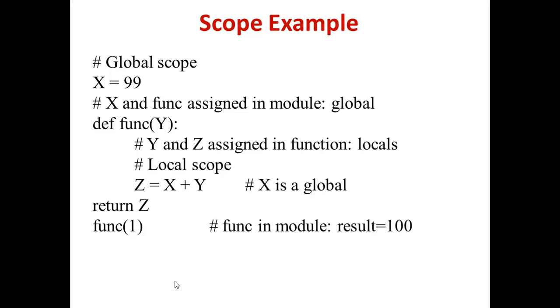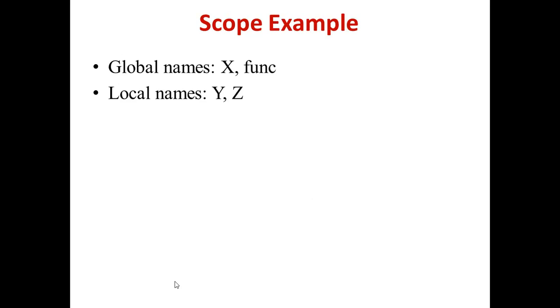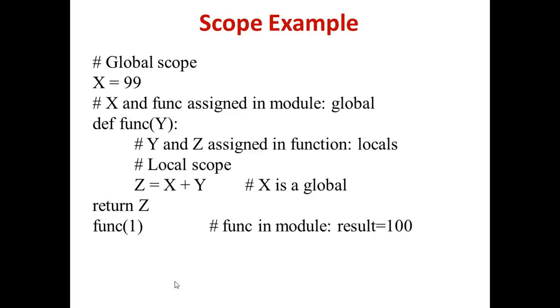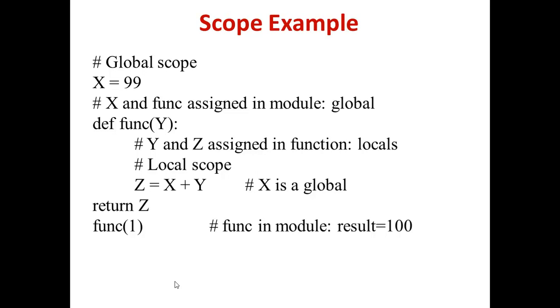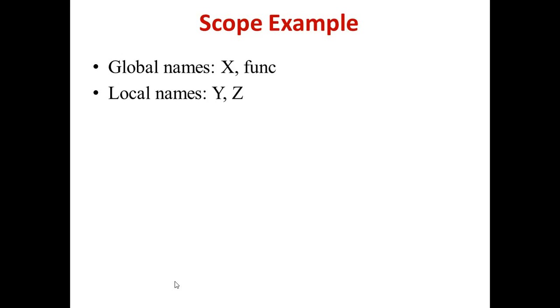My x value is 99 and the y value is passed here, so 99 plus 100 is the result. So normally we have global names for x and func, and local names for the innermost local variables x, y and z.